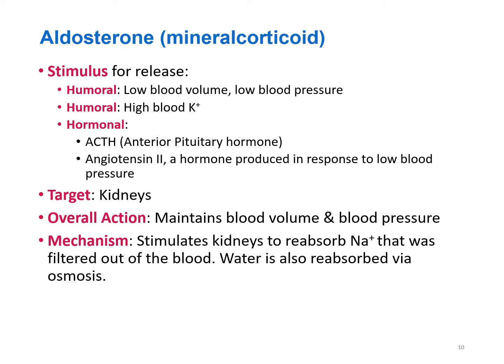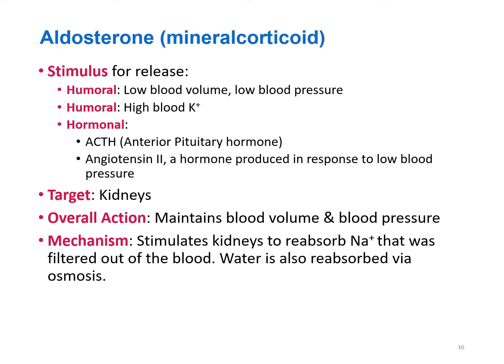Aldosterone does this by stimulating the reabsorption of sodium ions from what's filtered from the blood. As sodium ions are reabsorbed, chloride, which is negatively charged, follows. And as sodium and chloride, salt, is reabsorbed by the kidneys, water follows by osmosis.